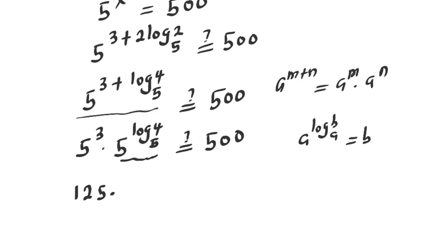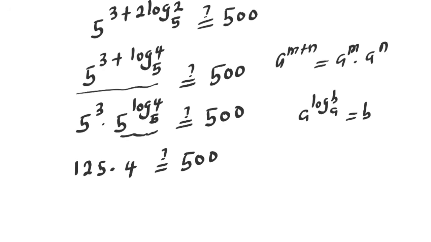Then this is multiplied by 4, must be equal to 500. And of course, 125 multiplied by 4, this is 500, is equal to 500, which is true.